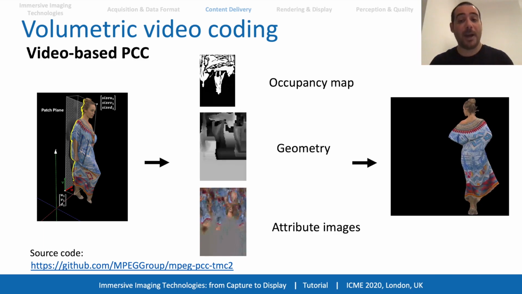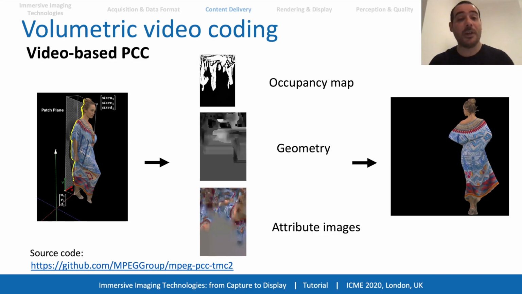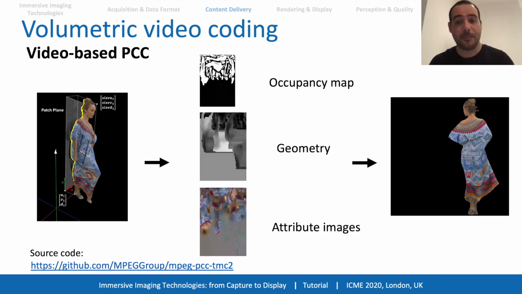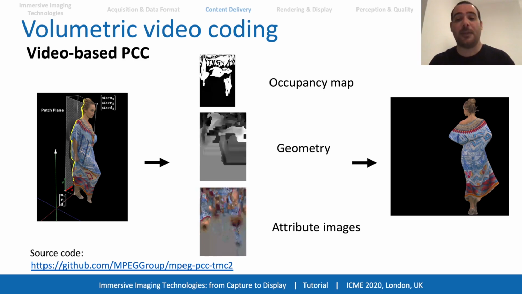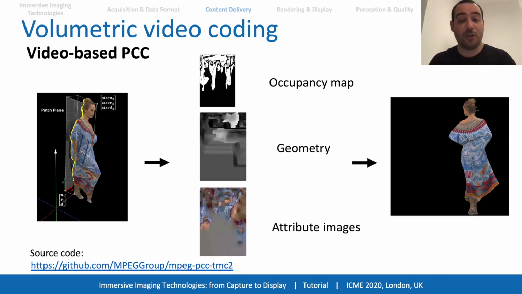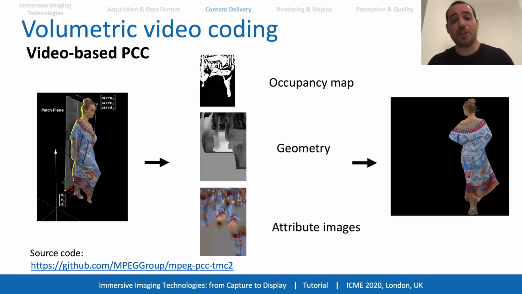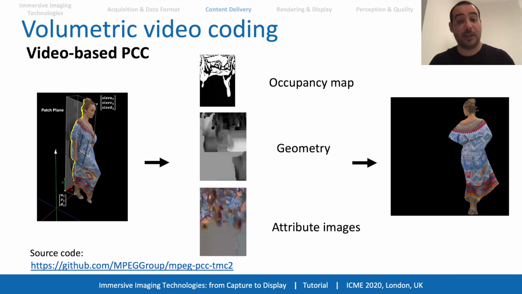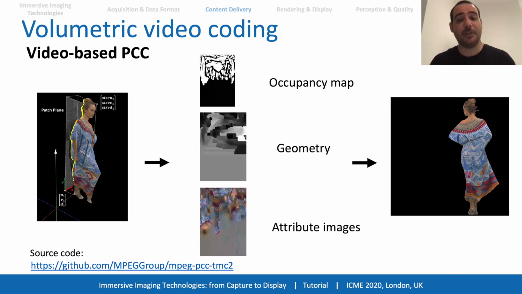One is a binary image called the occupancy map, which signals whether a pixel corresponds to a valid 3D projected point. Second, a geometry image that contains the depth information, and this is the distance between each point and the projected plane. And third one is attribute images with RGB image. And each output is encoded with a standard video codec and transmitted to the user.